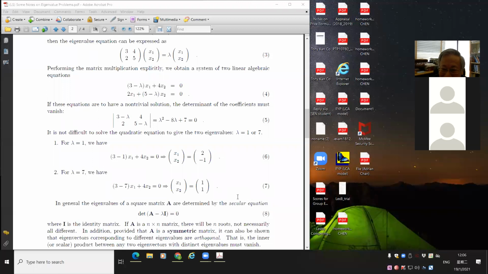Sometimes you can factorize it, but usually very difficult. Just like in equation 5 here, you can factorize it very easily because of the 7 here, so 1 times 7 is the only possible case. And since we have -8 here, it must be -1 times -7. So you get the answers right away.